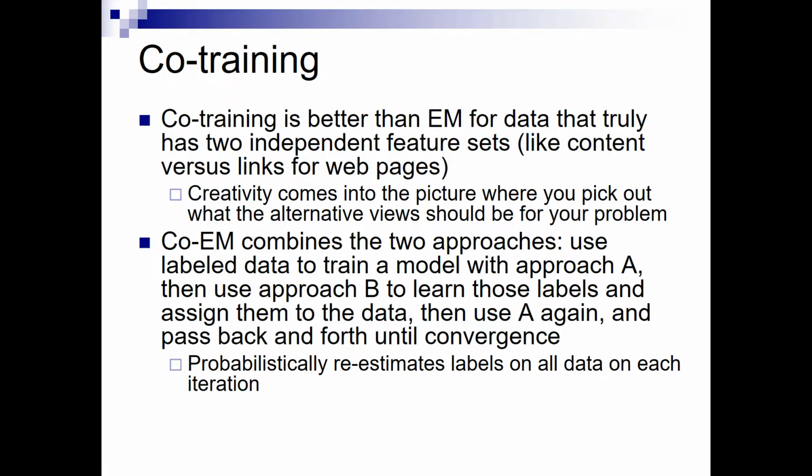So co-training will be better than just a simple EM, which is basically the self-training approach, if the data that you're working with can be associated with 2 very different feature spaces that would define very different neighborhoods. And so what's creative in the application of co-training is the design of those very different feature spaces.